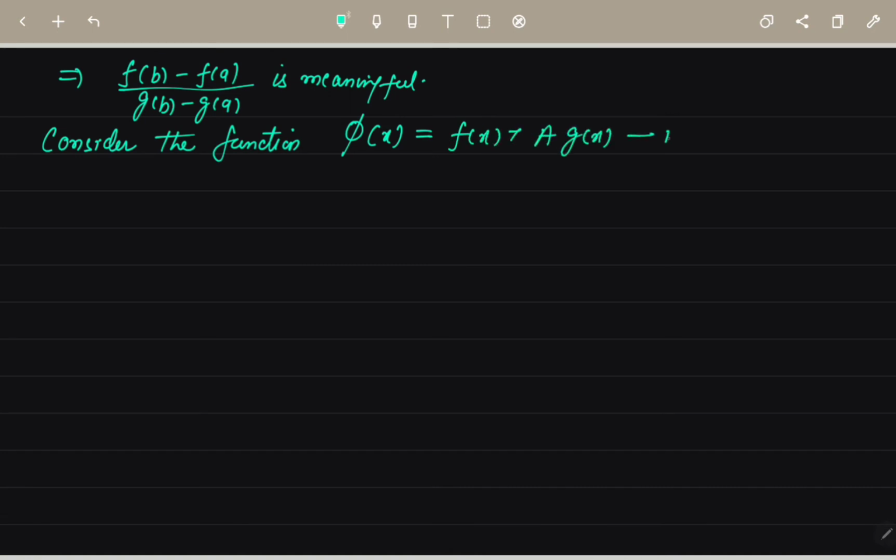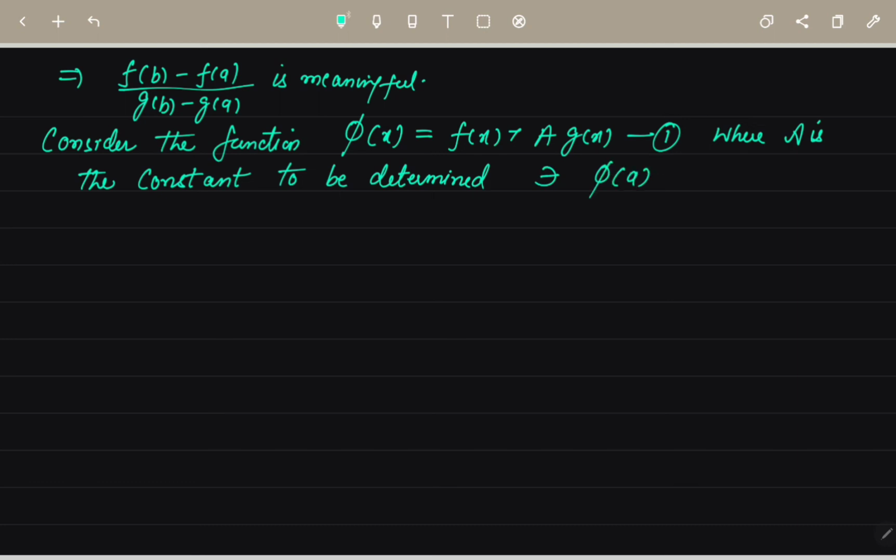Name it as equation first, where a is the constant to be determined such that phi of a is equal to phi of b.